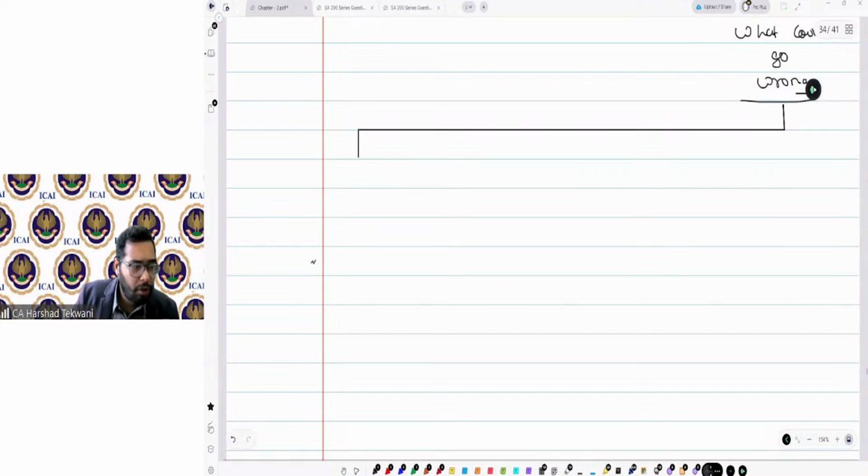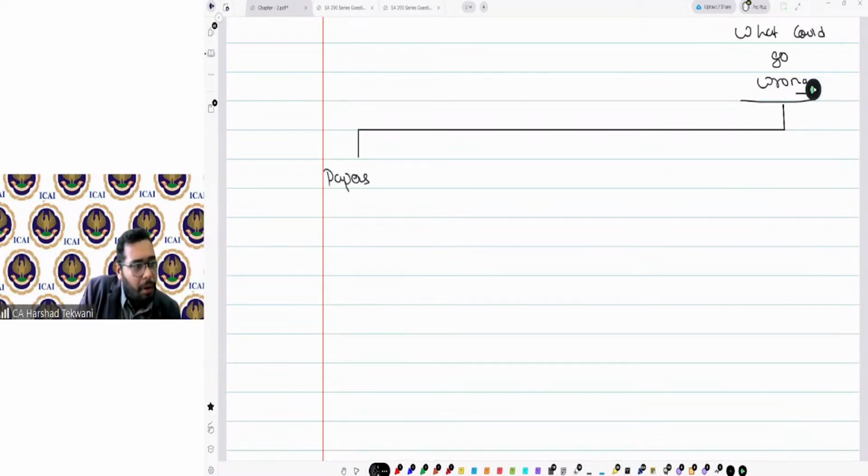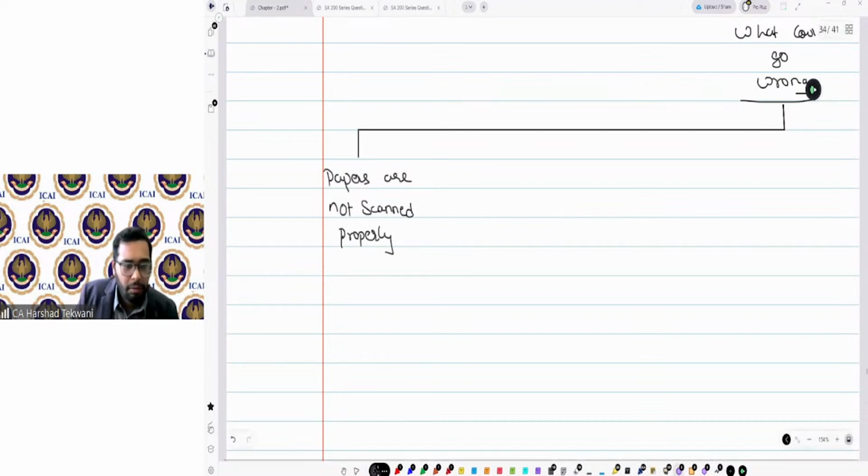So one, papers are not scanned properly or appropriately. Okay.